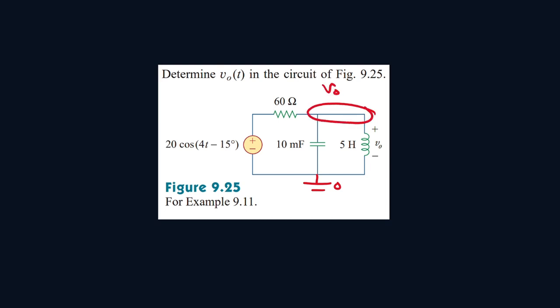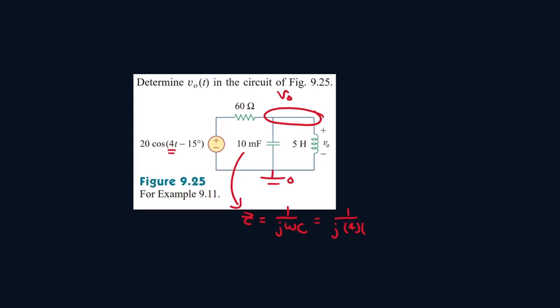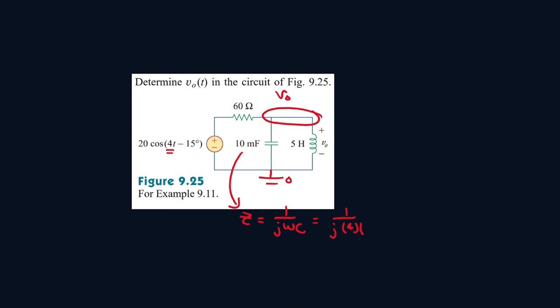So what we can do is try and combine these two values together. So let's find their impedance. For this one, its impedance value will be 1 over jωC. So 1 over j, ω is 4, and then 10 divided by 1,000, that's 0.01.